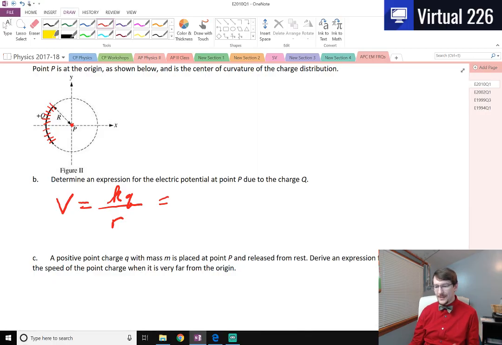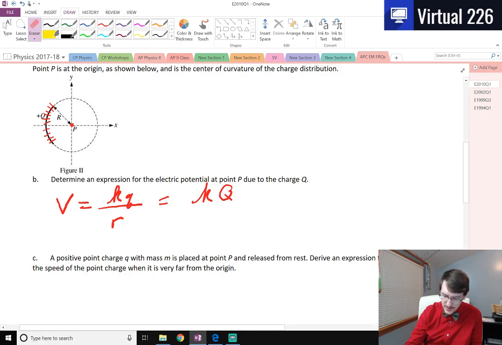But if we're just adding up all the little bits of charge, and all the little bits of charge are the same distance away, then when we add them all up, we just get the total charge at that distance. So in the end, this is just going to be k times Q, which is the actual charge of that piece of the ring, divided by R, which is the R there.